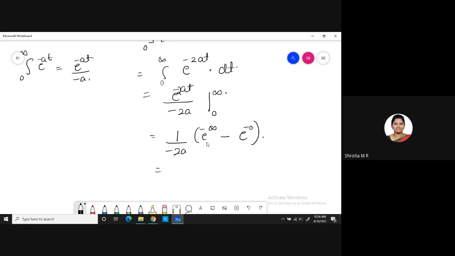What do you get? 1 by minus 2a into minus 1, because e power minus infinity will be 0 and e power 0 will be 1. So you get 1 by 2a joules. This is energy, so we take joules. What is the power for this? Power is 0.